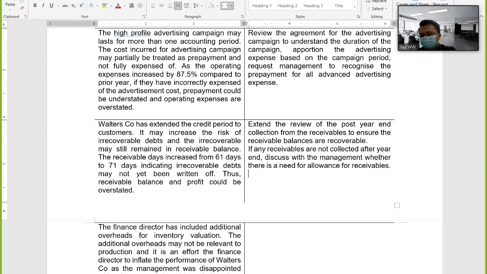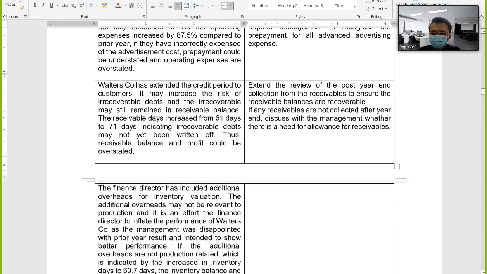So you can see that the answers are more or less the same. It's just that we use some wordings like extend the review, do more, select more samples.